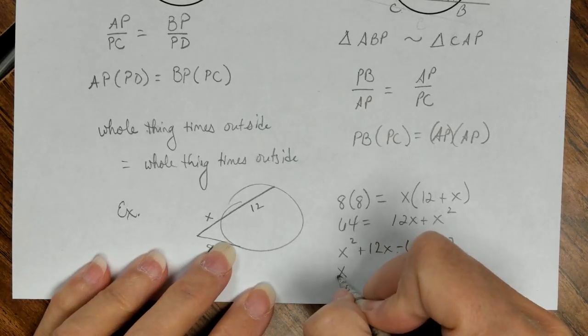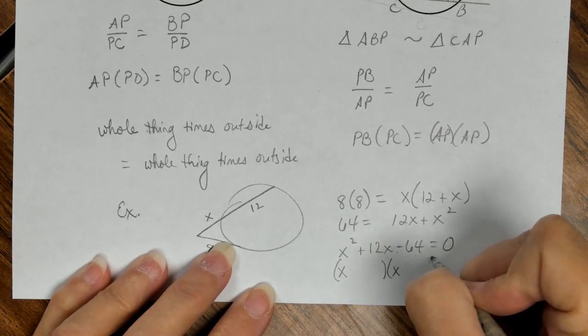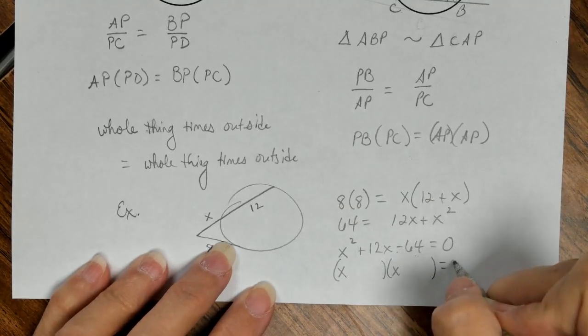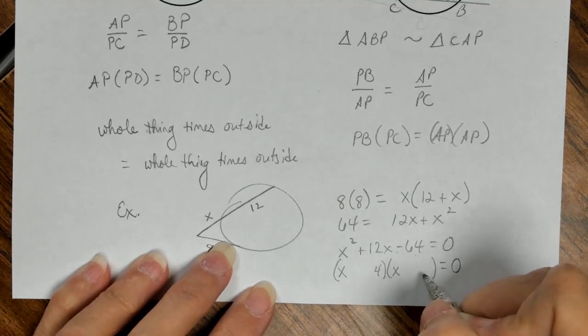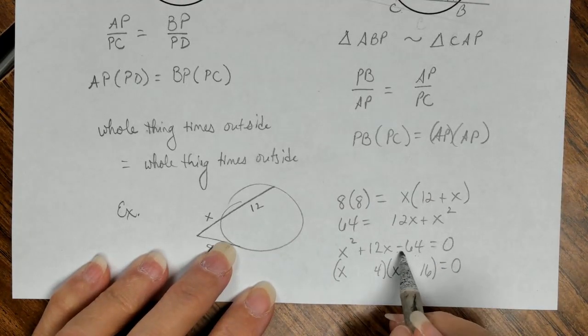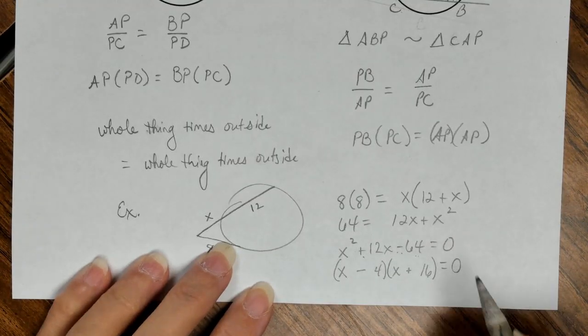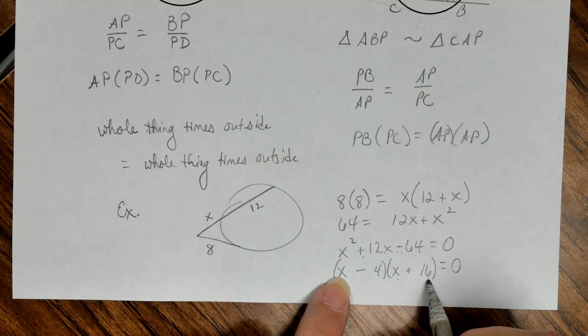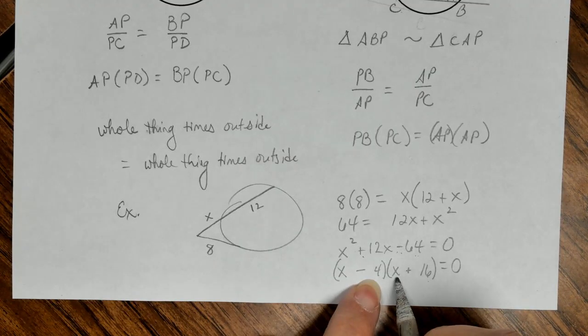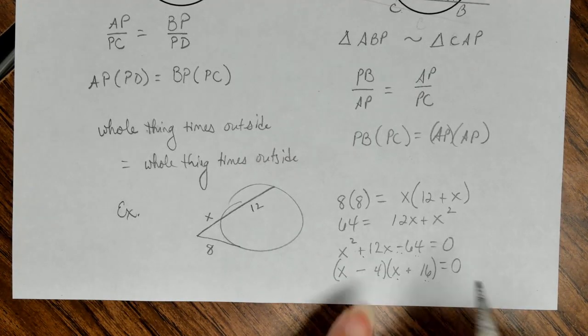Okay, so I have x. I said 4 and 16. They have to be opposite signs. The larger one has to be positive. That gives me x squared plus 16x minus 4x. That's 12x minus 64. So that works.